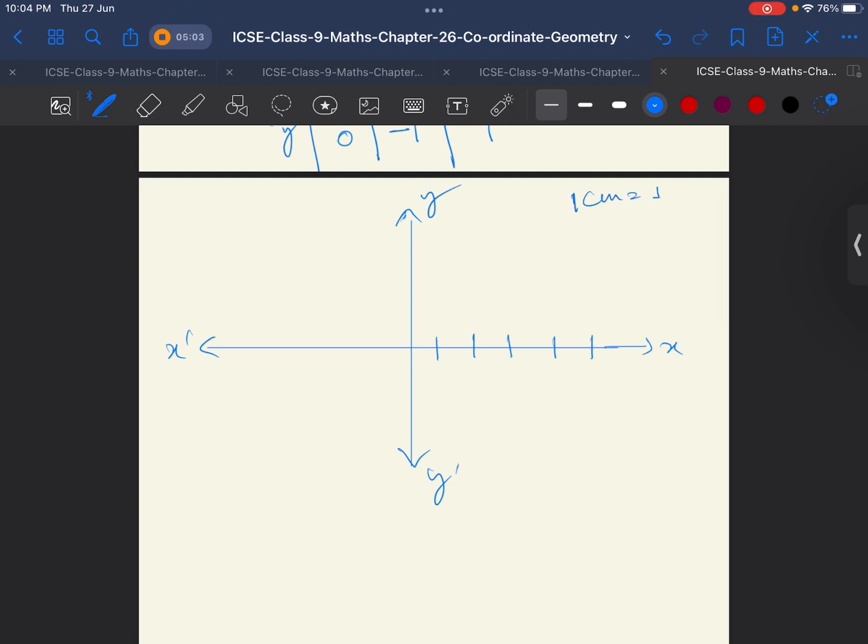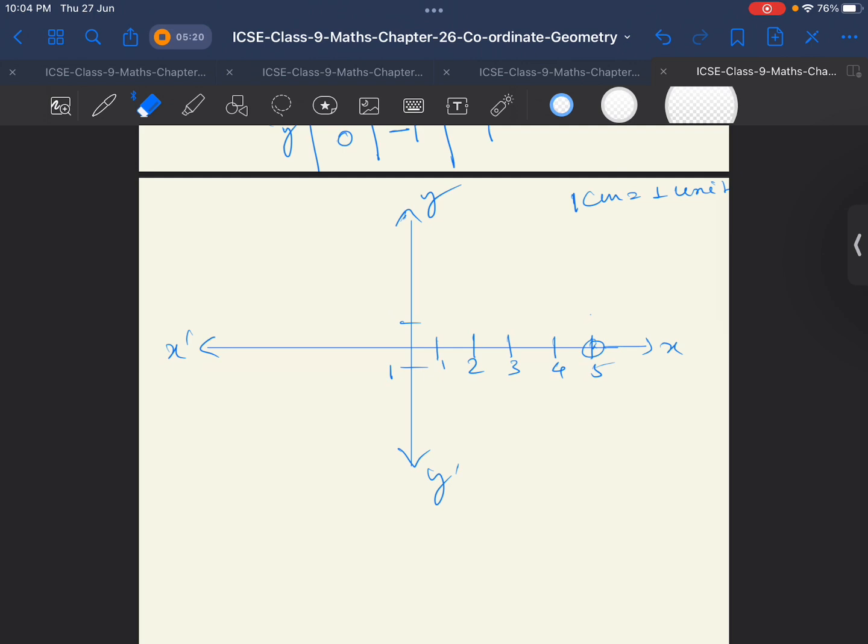Here 1 centimeter equals 1 unit. So now this is (5, 0), 1 2 3 4 5.